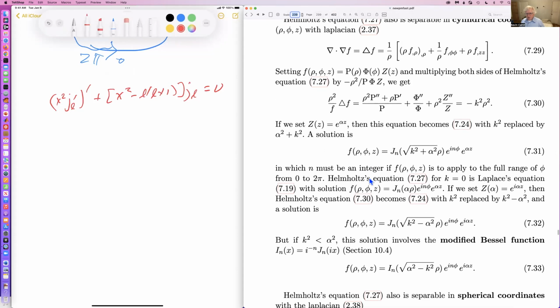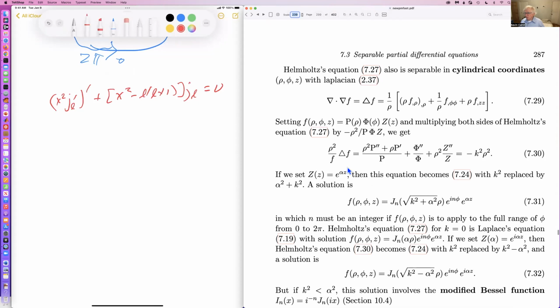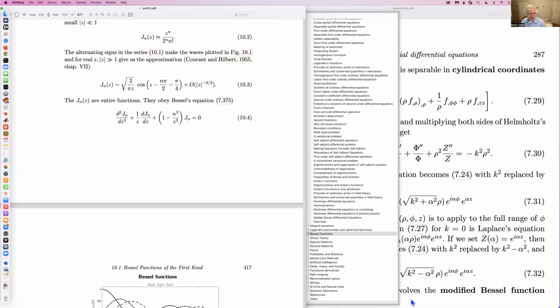I unfortunately didn't write it down. Let me find it for you over here. Right. So the Bessel function is this more complicated function.